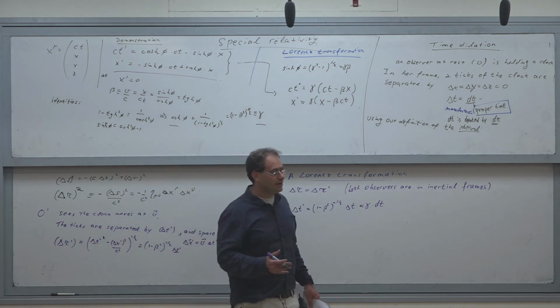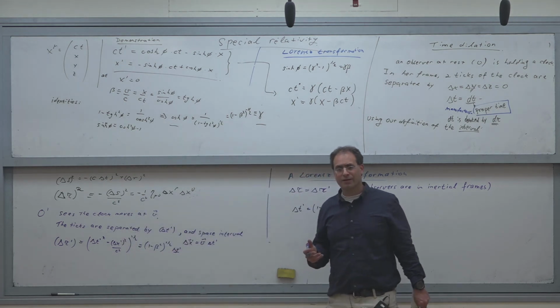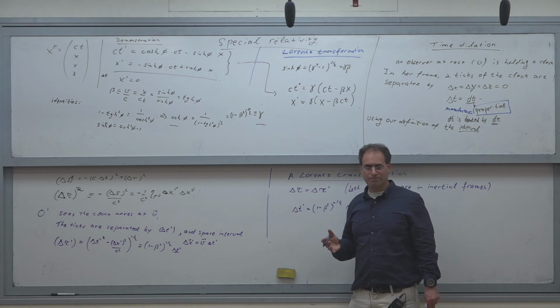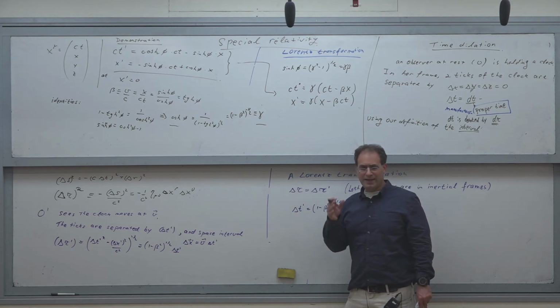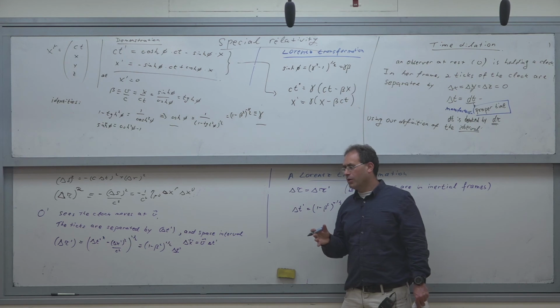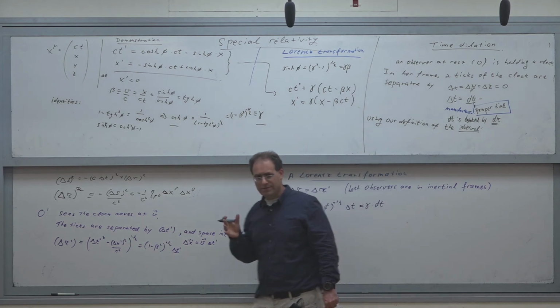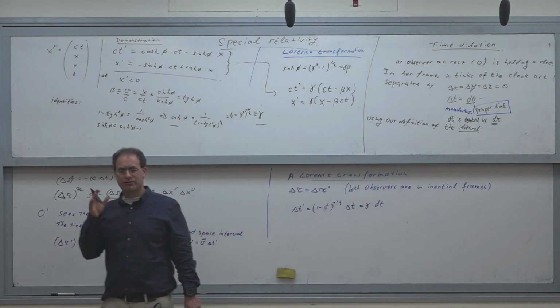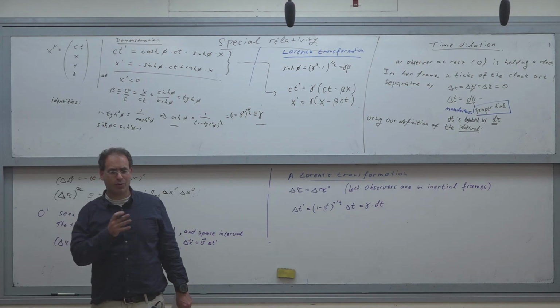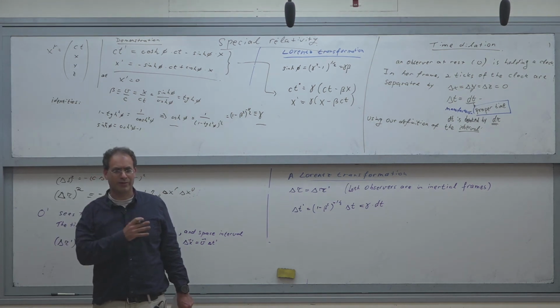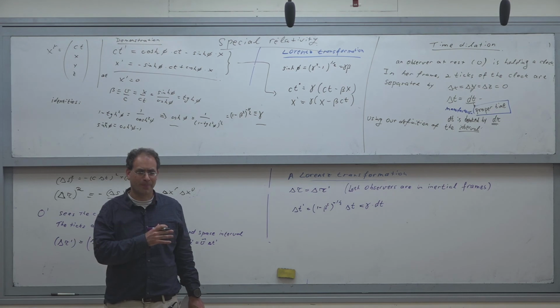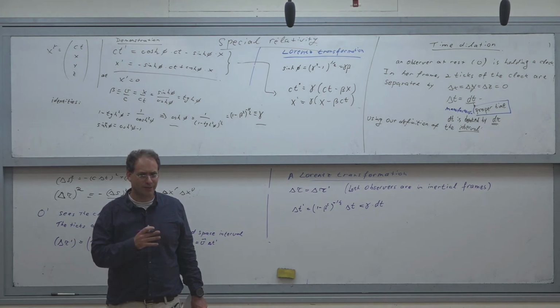Now I'm going to give you the correct definition. The correct definition of a vector is any entity whose components transform in the same way as the coordinates when we are making a transformation from one coordinate system to another, namely a Lorentz transformation.